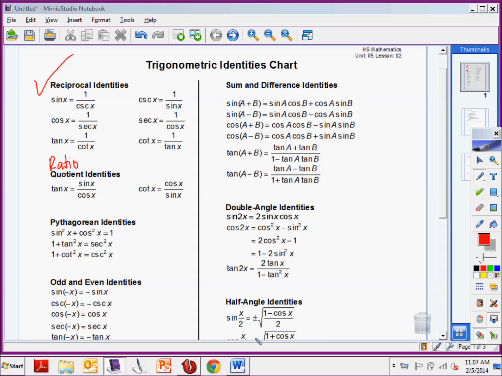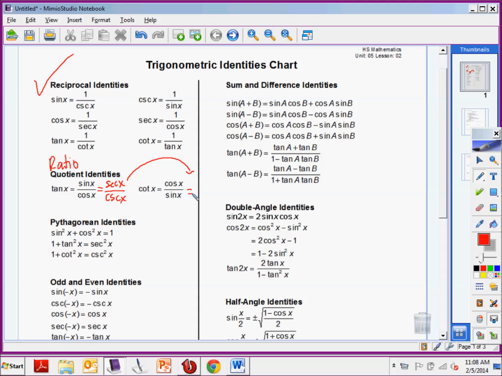Formed into tan is sine over cosine, which can become secant x over cosecant x. If you include the ratio identity with the reciprocal identity, you can create this identity. Does that make sense? Okay, and if this is tangent, then that makes cotangent what?